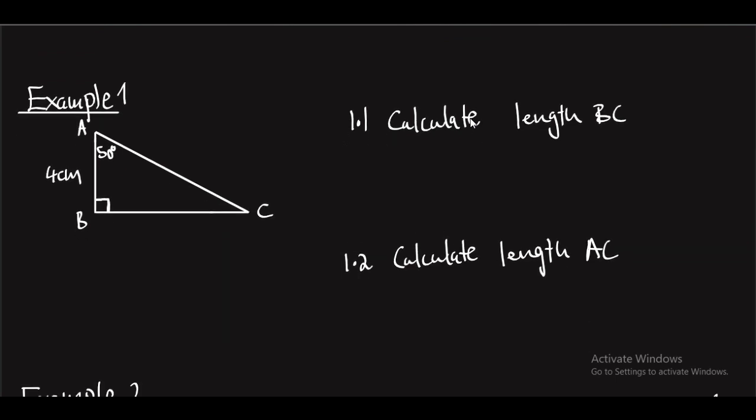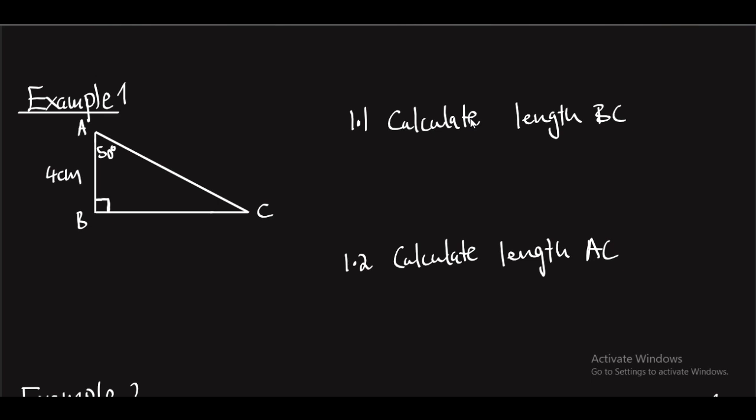In example 1, they say calculate the length of BC. The length of BC. So, with respect to this angle and this side, I can use tan because this side would be opposite this angle 50, and then this one would be adjacent to that.